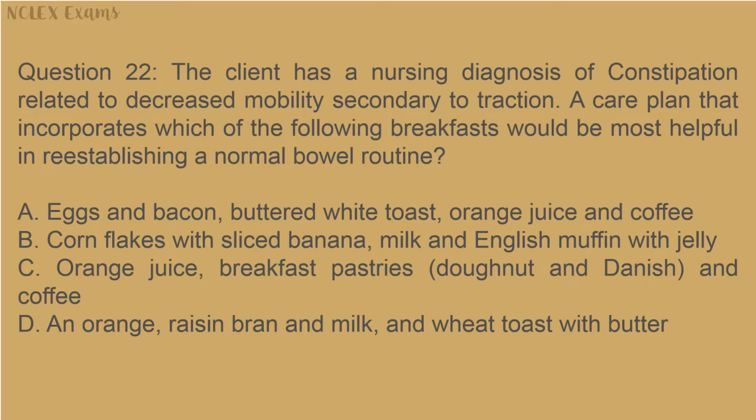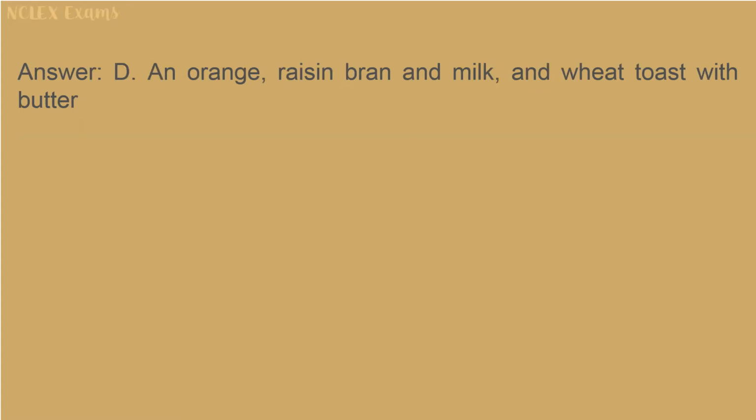C. Orange juice, breakfast pastries, donut and Danish and coffee. D. An orange, raisin bran and milk, and wheat toast with butter. Answer: D. An orange, raisin bran and milk, and wheat toast with butter.